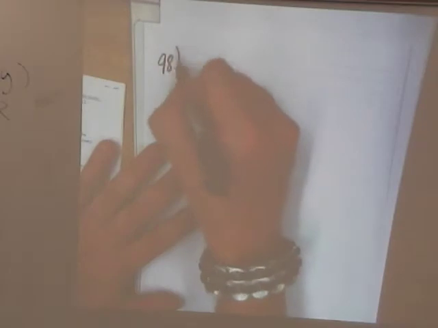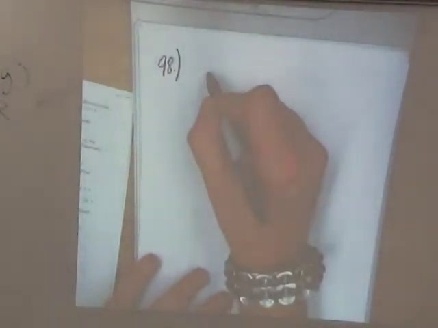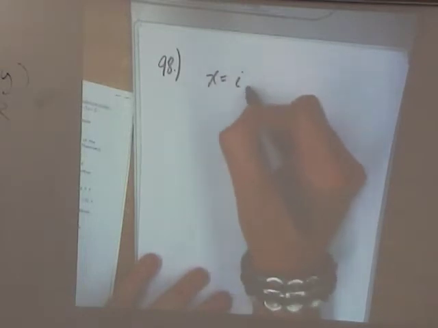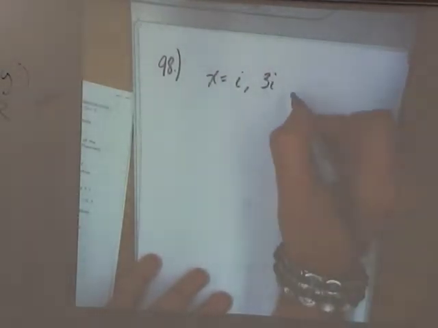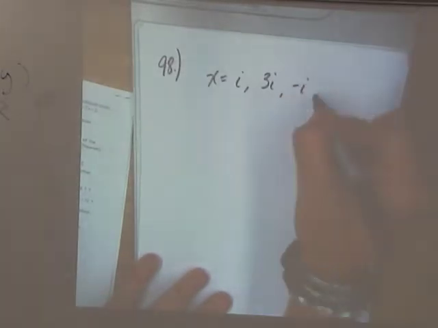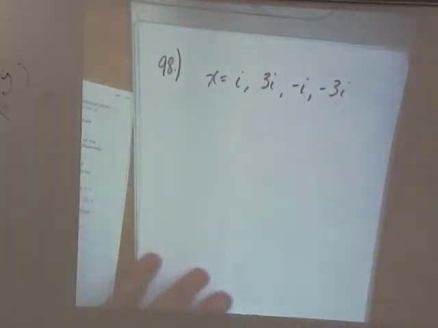Okay, 98. They tell us the roots x equals i and 3i. So we know we're missing a negative i and a negative 3i, right?